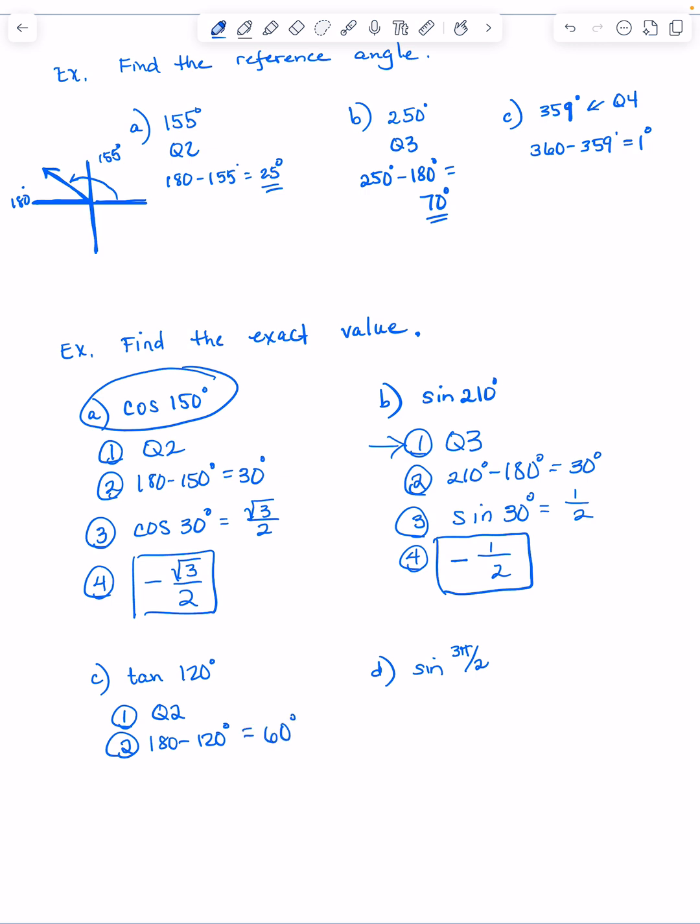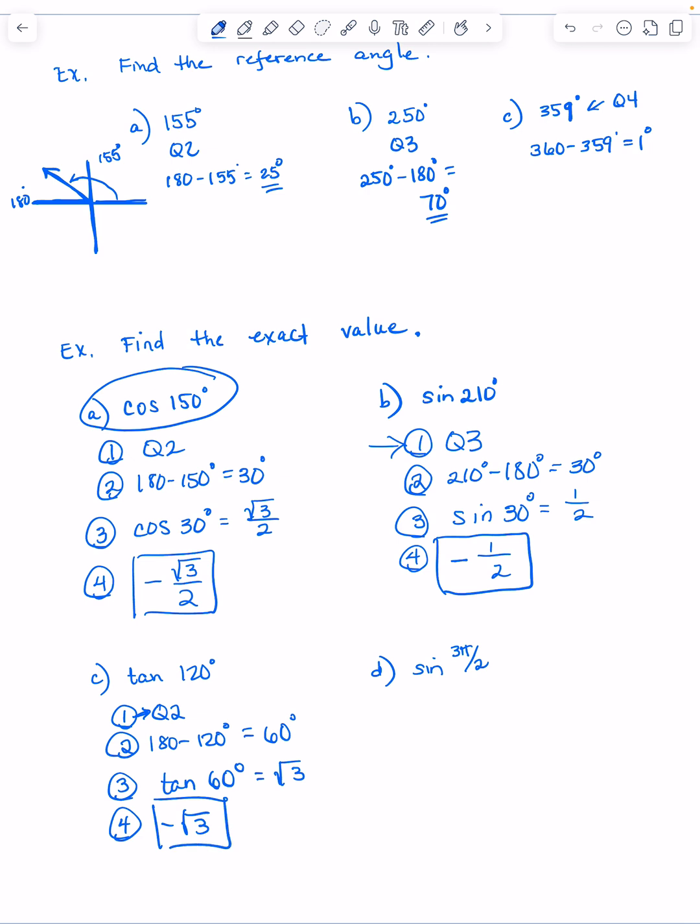So I'm looking for the tangent of 60 degrees, which we know from our chart. Hopefully you're learning your chart. This is the square root of 3. This is in quadrant 2, and tangent is only positive in quadrant 3 and 1. So quadrant 2 means I'm still dealing with negative. All my examples have been negative. That's okay. All right, so my answer is negative square root 3.